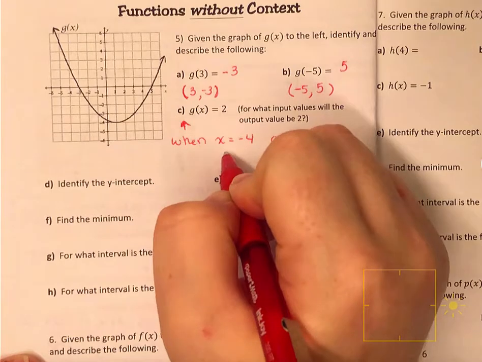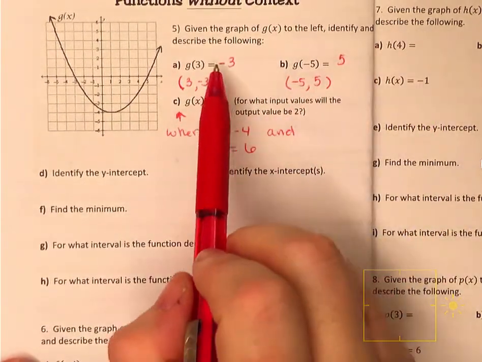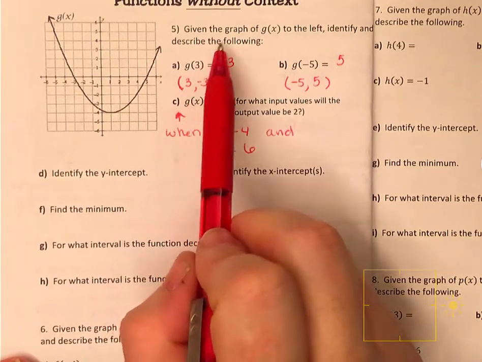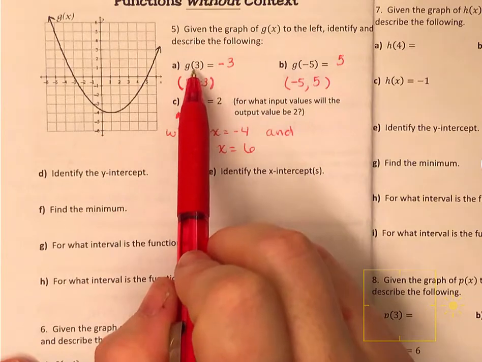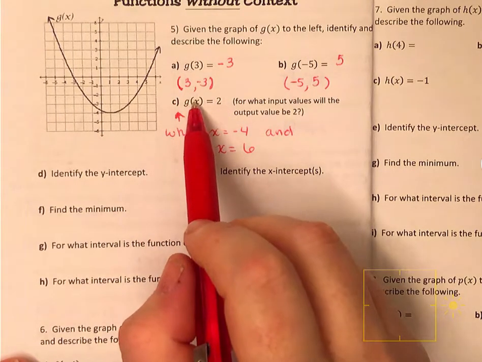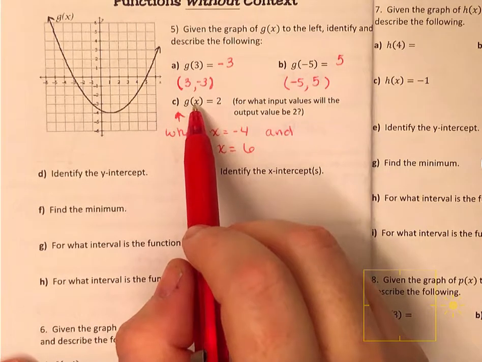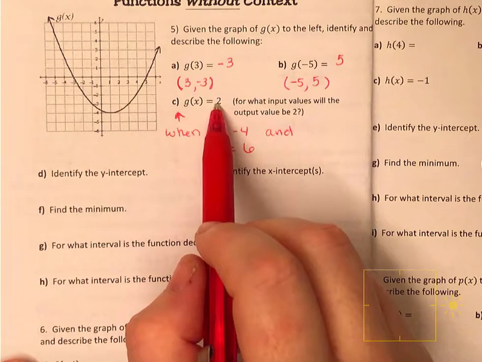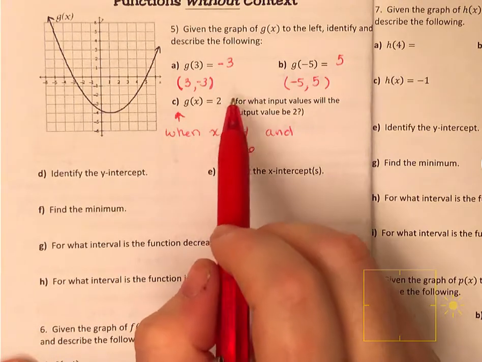And when x is equal to 6. So remember, if the x is replaced with a number, that means x is that number. If x is not replaced, that means you don't have the x, you have the y. So these are coordinates -4, 2, and 6, 2.